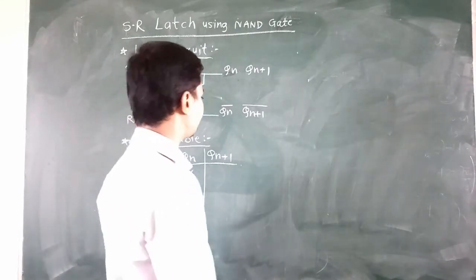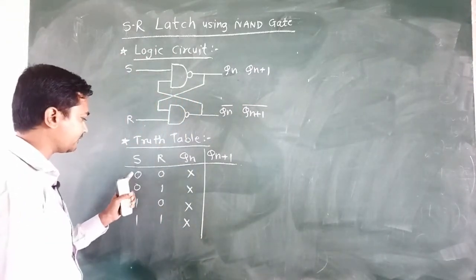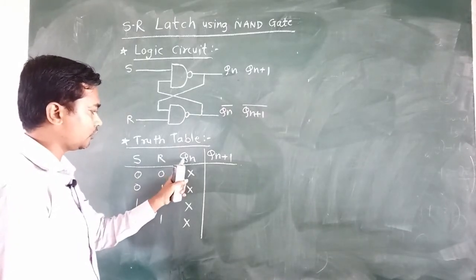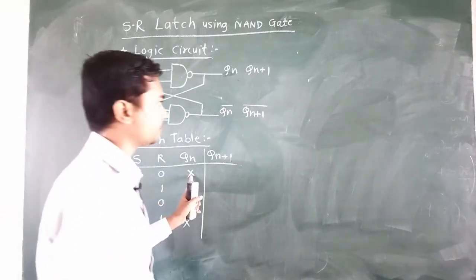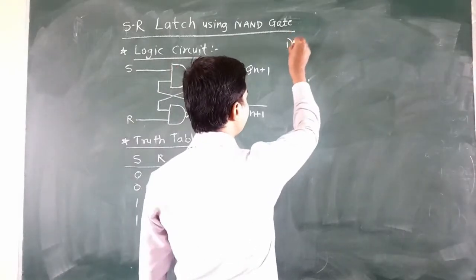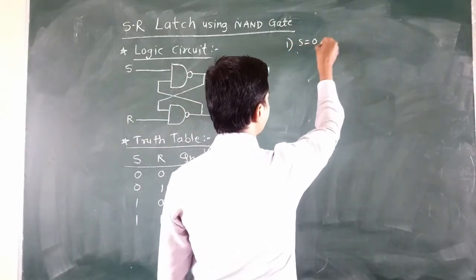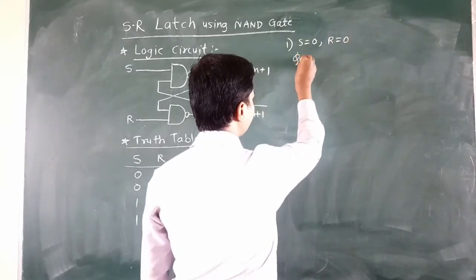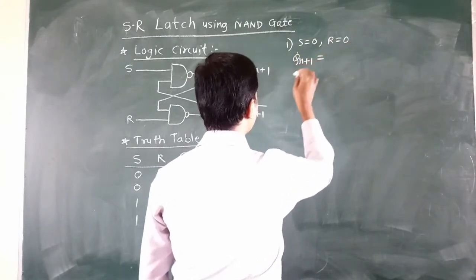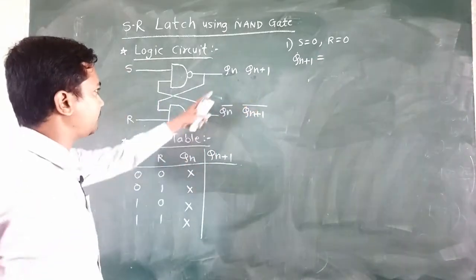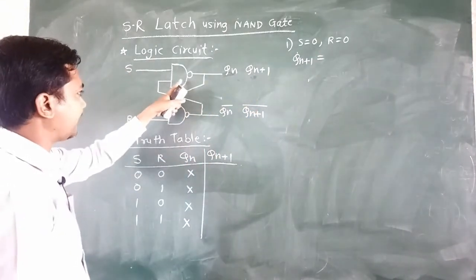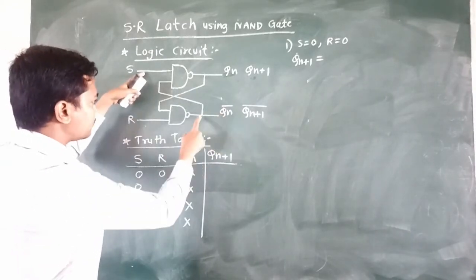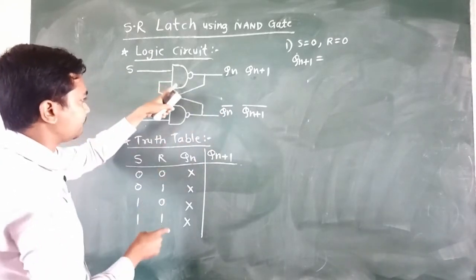Consider the first case, where S and R both inputs are 0 0 without knowing the value of Qn. When S equal to 0 and R equal to 0, we can obtain Qn plus 1. Qn plus 1 will be the NAND operation of S and Qn bar, this being the other input.